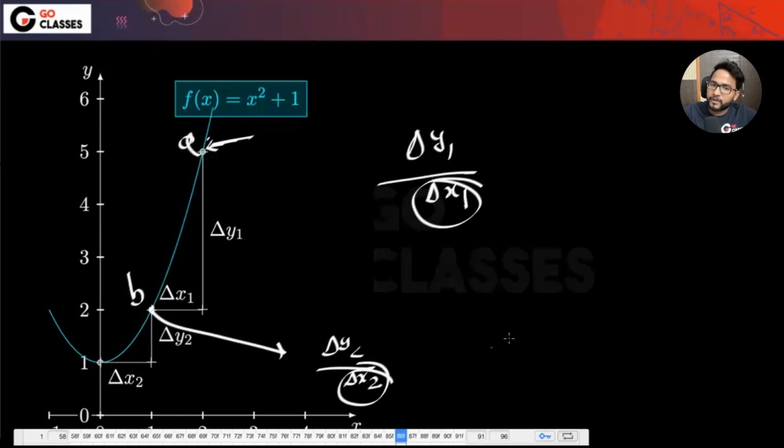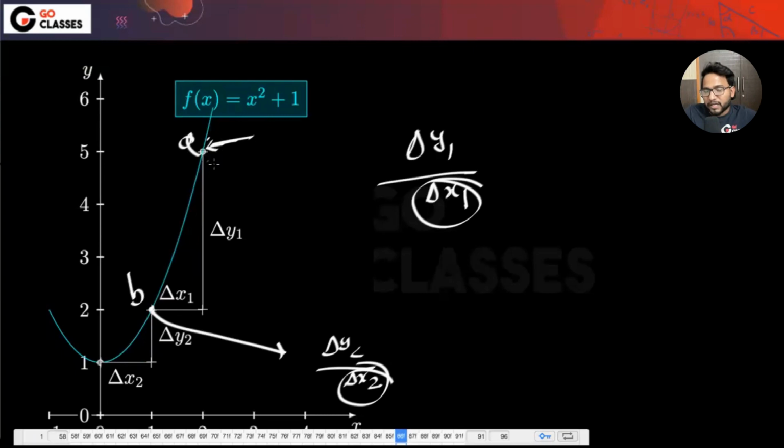As you can see, del y1 is greater than del y2, so the slope at A is greater, right? This slope is greater because this function is increasing rapidly here.